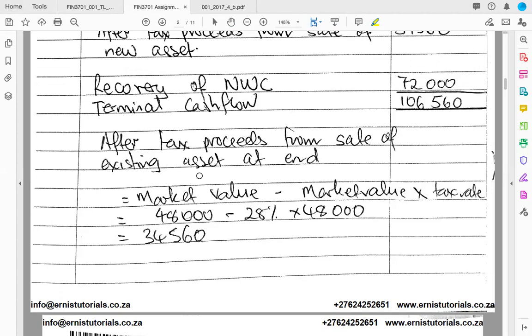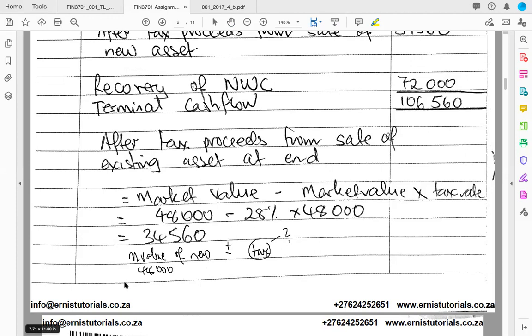The after-tax proceeds from the sale of the new asset at the end of its life, we take the market value of the new asset at the end of its life minus the tax, plus or minus the tax, right? So we know that the market value of the new asset at the end of its life is 48,000, but we don't know what the tax is.